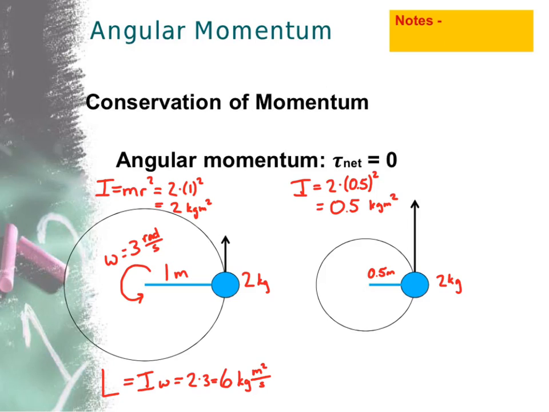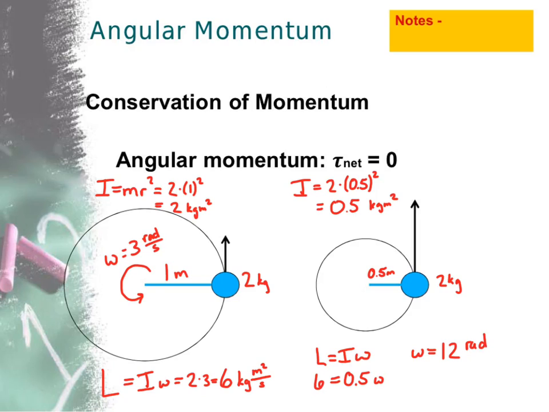Now, what happens if I conserve angular momentum, so I have the same angular momentum, 6, and I suddenly reduce the moment of inertia to 0.5? Well, what happens to omega? If you were to solve this equation for omega, you'd find out that the angular speed now equals 12 radians per second.